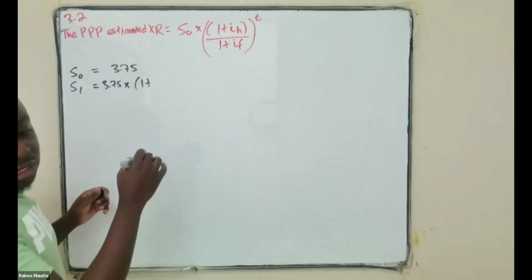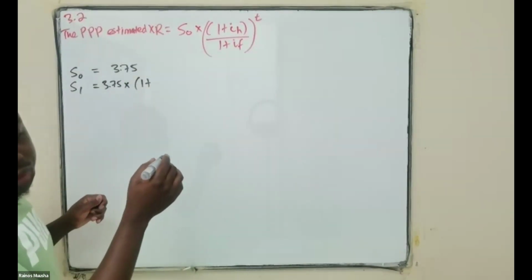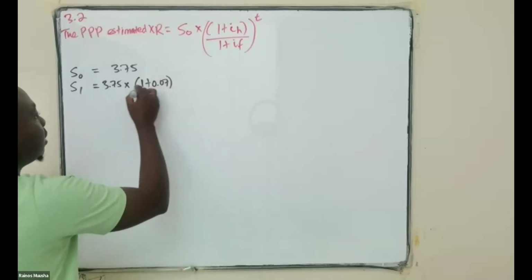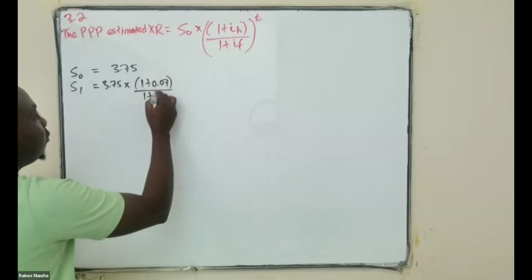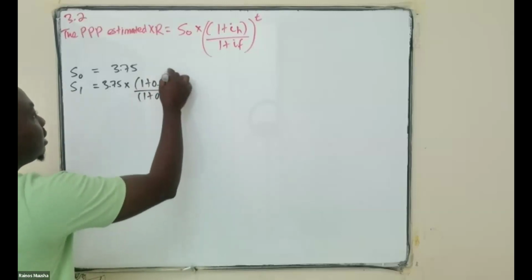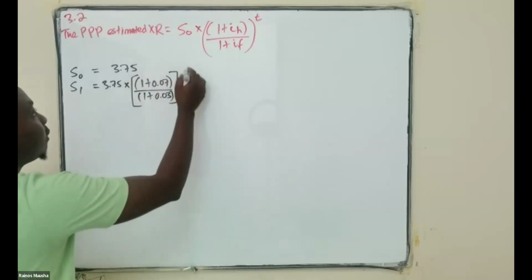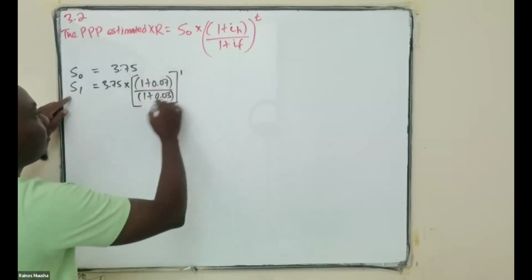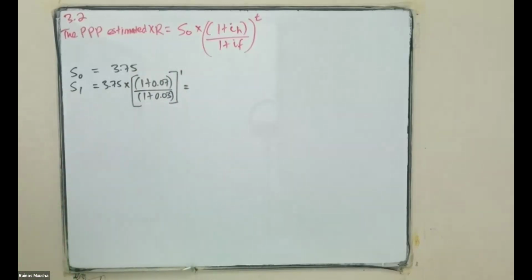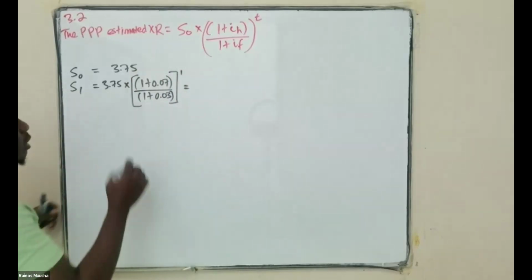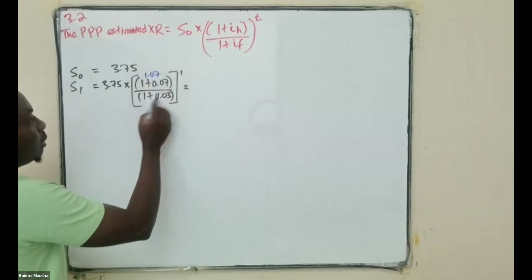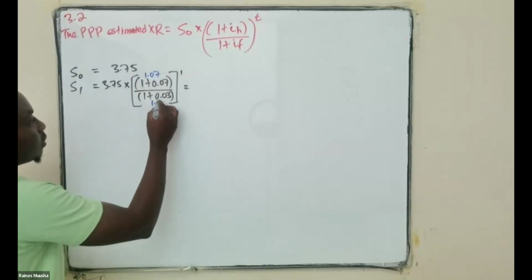1 plus the inflation in the home currency, which is 7%, so 0.07, divided by 1 plus the inflation in the foreign currency, which is 3%, 0.03. And this is put to the power of 1 because it's after one period. To make your life easier, 1 plus 0.07 is just 1.07 and 1 plus 0.03 is 1.03.